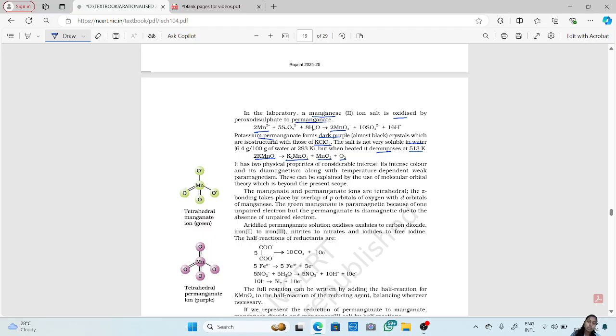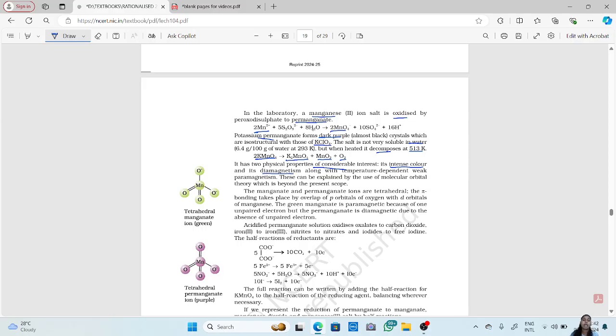Now it has two physical properties of considerable interest. KMnO4 has two physical properties which are considered interesting: the intense color and its diamagnetism along with temperature dependent weak paramagnetism. One is its intense color, the dark purple to almost black color, and next is its diamagnetism.